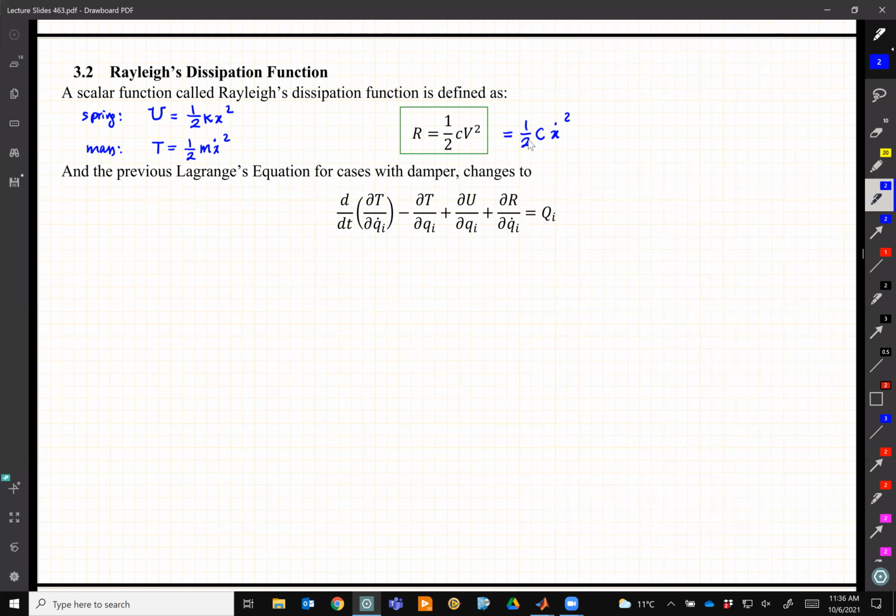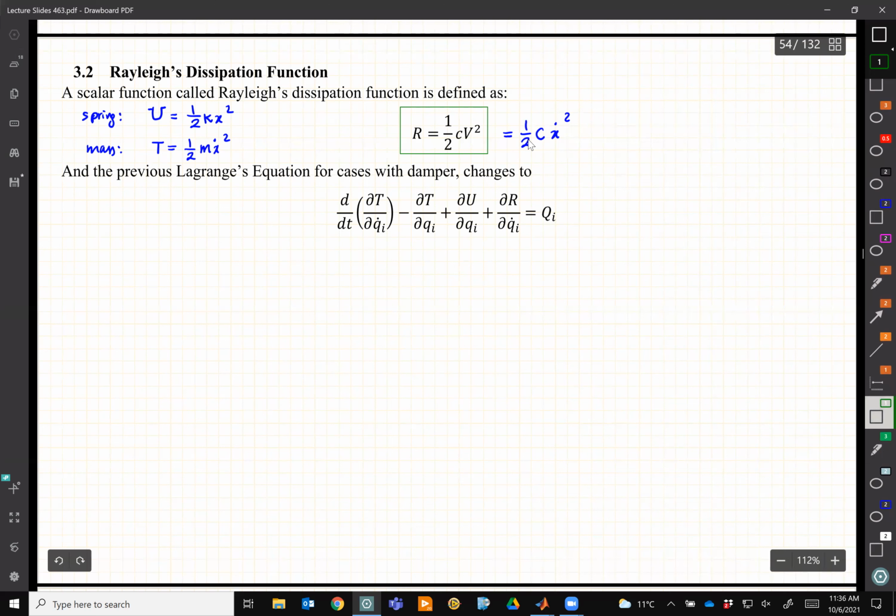So now we get to the Lagrange equation. We know the Lagrange equation before damping. Now that we add a new term, damping, our Lagrange equation will get this long, ugly form that I'll explain to you in a moment. So the Lagrange equation, q is our variable.